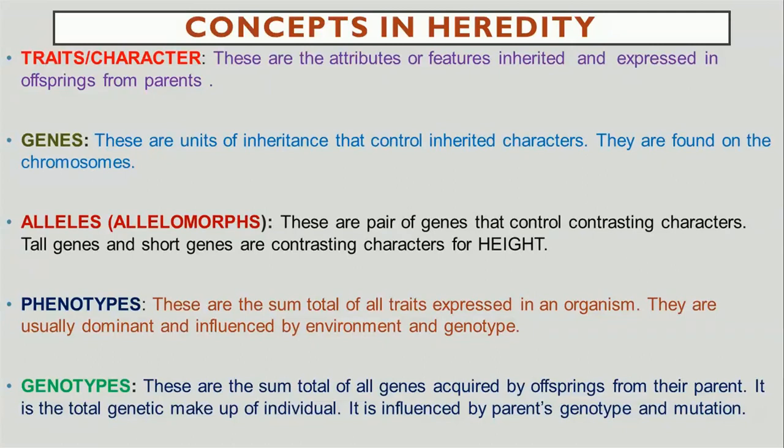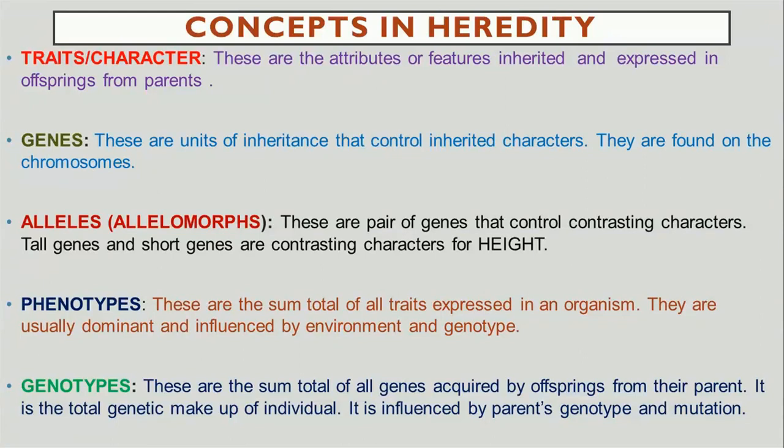For example, you can see that an individual is tall, fair in complexion, or has a starry kind of eye. All these are physically expressed genes. Some of them might not be physical, but you can see them, such as intelligence and so on. So far as it is expressed in an organism, it is known as a phenotype, and it is dominant because that is what you can see.